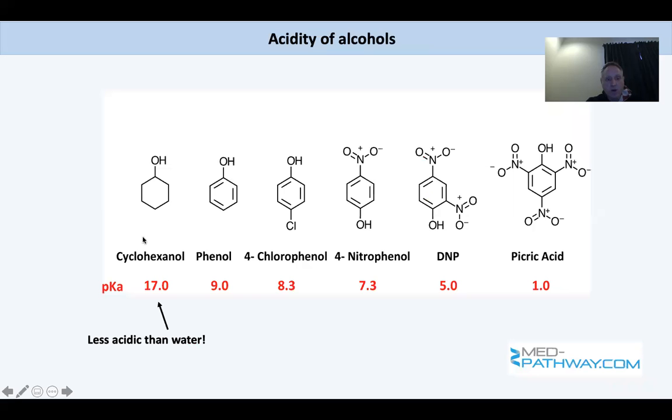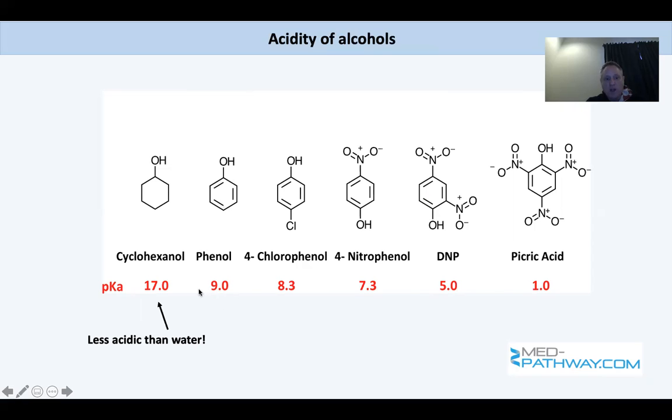Acidity of alcohols. Notice cyclohexanol has a pKa of 17. That's less acidic than water. As you start adding on groups, you can see that phenol is an aromatic alcohol. If you lose that proton, the negative charge is stabilized through resonance. So an aromatic alcohol has a far lower pKa.